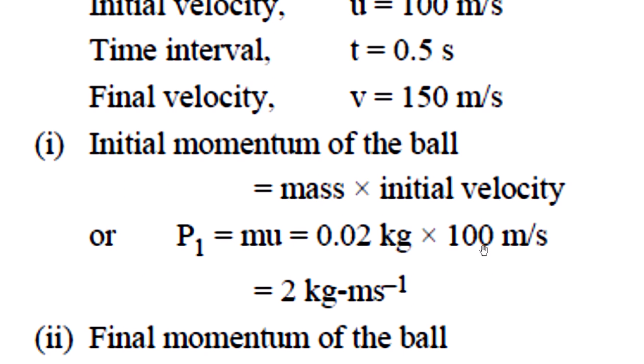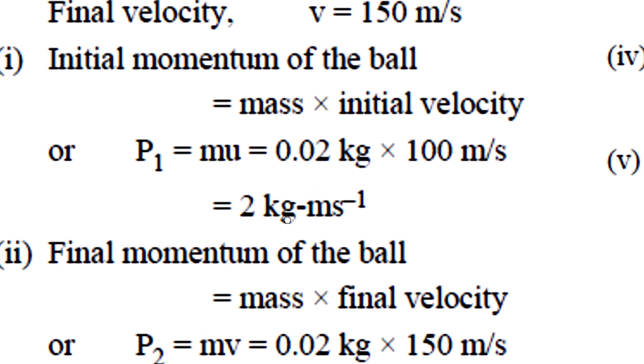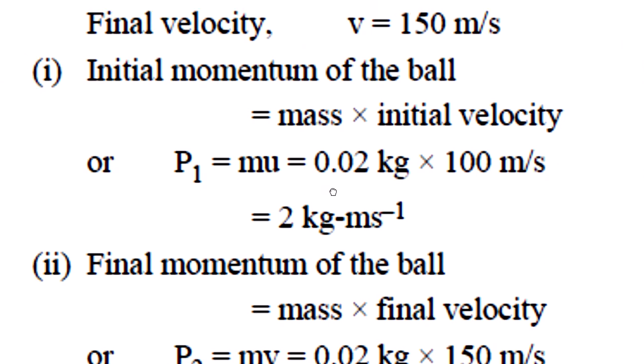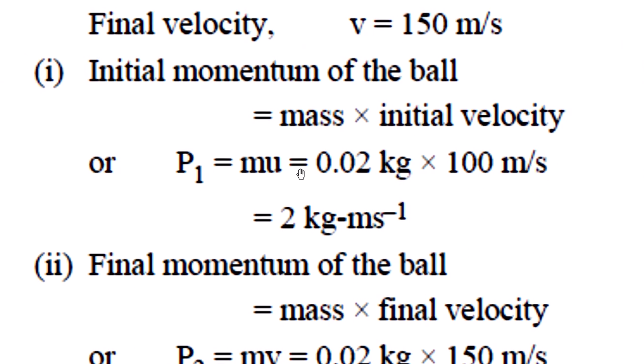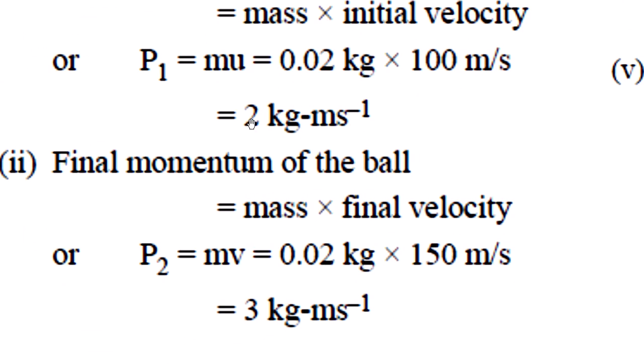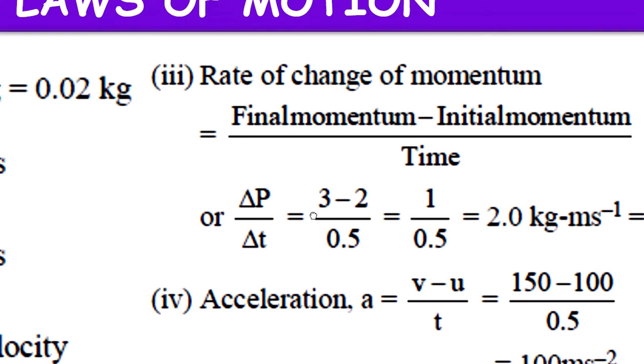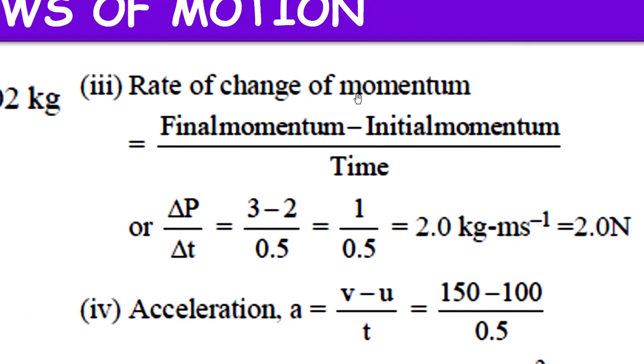So 0.02 into 100 is equal to 2 kg meter per second. This is the initial momentum of the ball. Final momentum means mass into final velocity, 0.02 into 150, which is equal to 3 kg meter per second. That is P2.